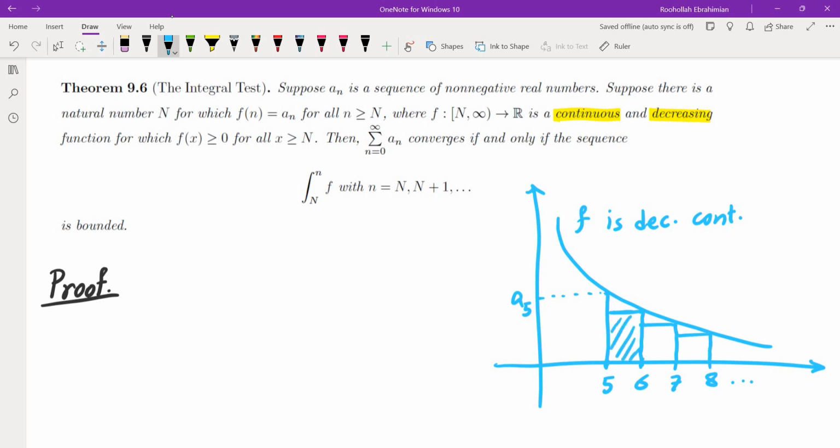Because this area is base, which is 1, times height. Height is A6, so this area is A6. The next area is A7, base is 1, height is A7. The next one is A8, etc.